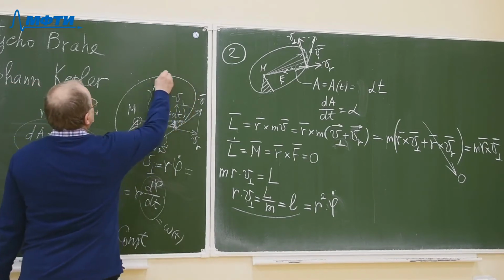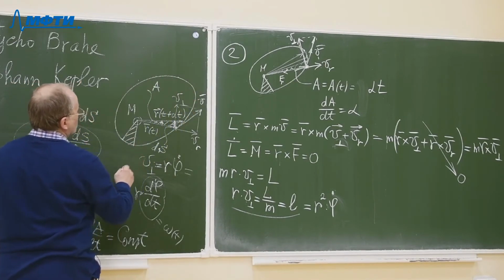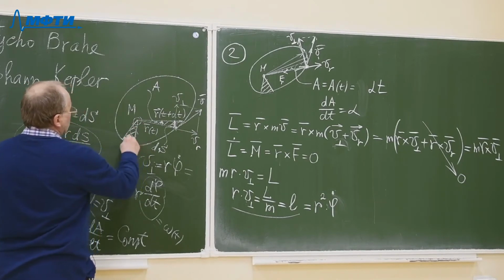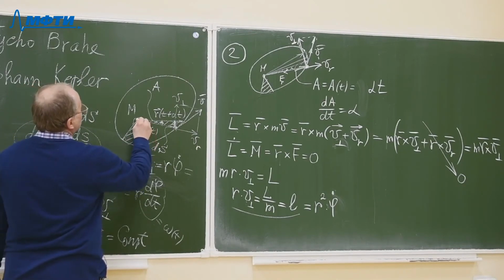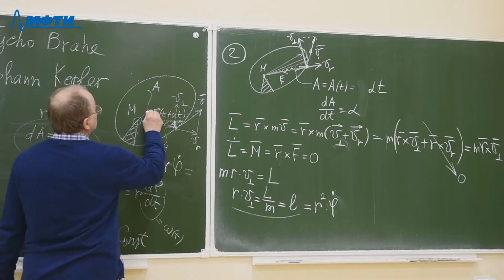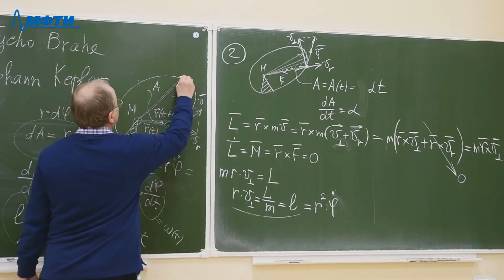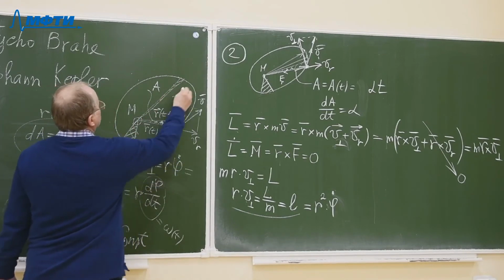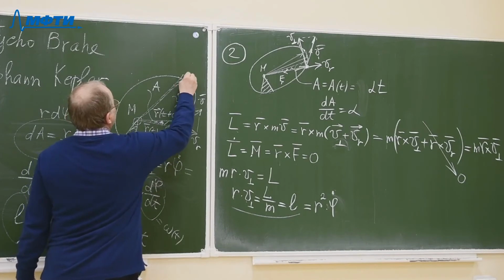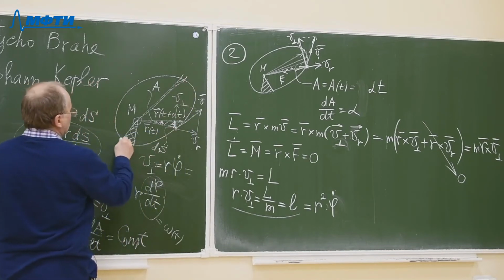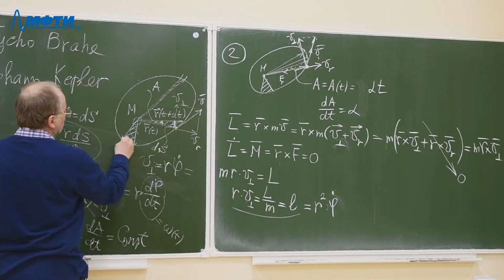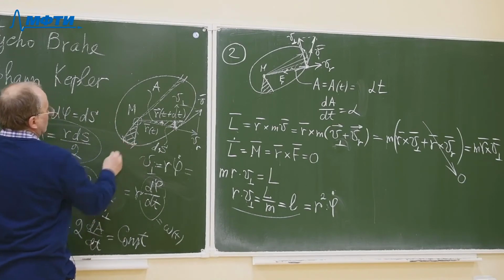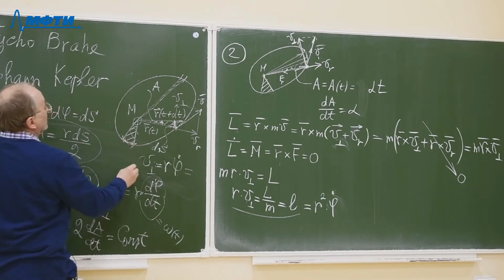And in whatever place of the trajectory you measure this area, you will obtain one and the same quantity. Here the triangle will be very thin, but the area will be the same if this is the same time interval as here. The same time interval, say an hour, taken here for a planet motion, and here.